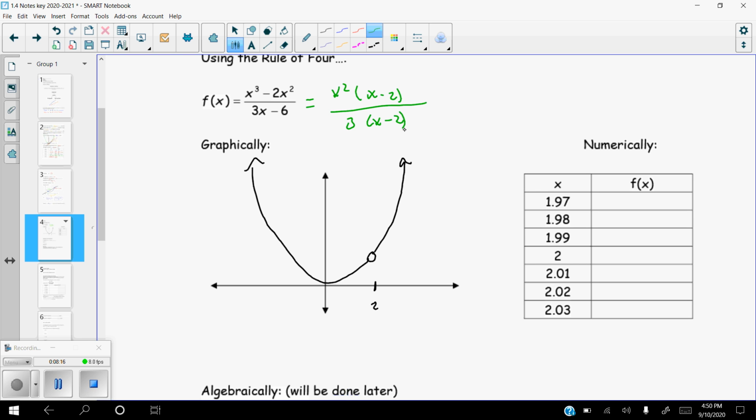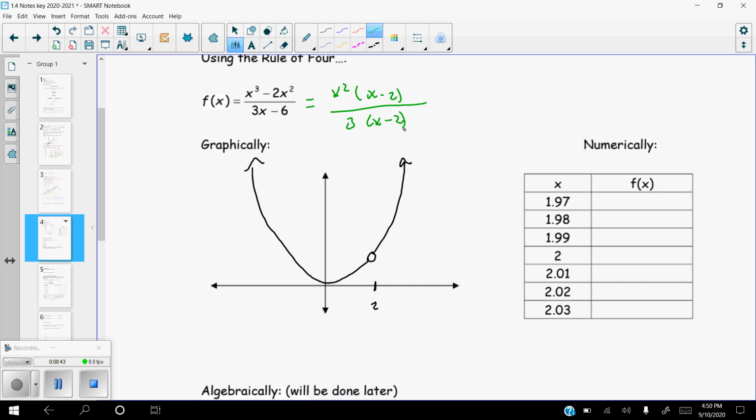If you were to plug 2 into the top and the bottom, it gives you 0 on both the top and the bottom, which gives you a hole in the graph. And while we're technically not going to do it, if you were to cancel out those x minus 2's, you would have x squared over 3 left over, which is basically just a parabola. It's 1/3 x squared really. So this is a parabola, but there's a hole at 2, because if you plug 2 in, you get a hole.